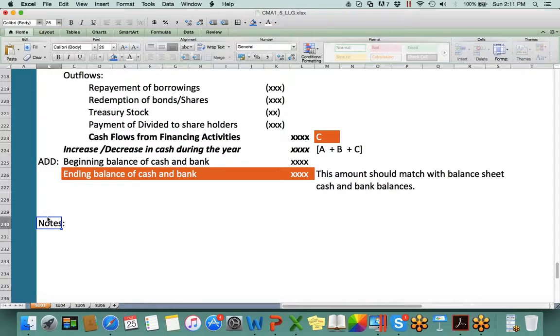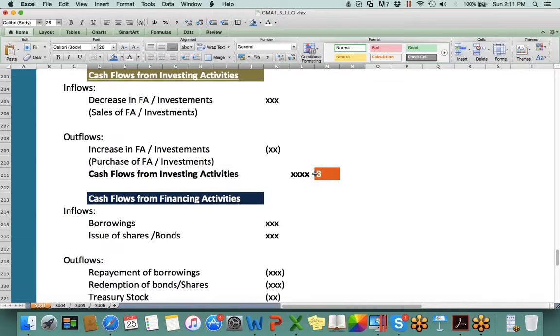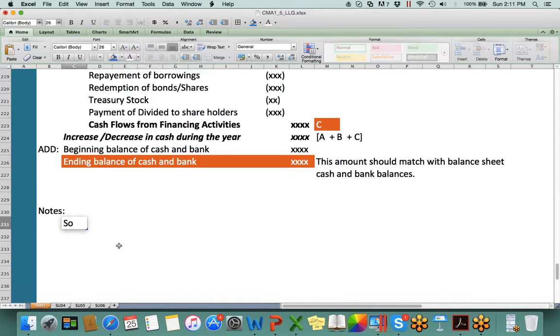While preparing the cash flow statement, you will have some non-cash transactions which need to be presented underneath the cash flow statement but not in the body of it.